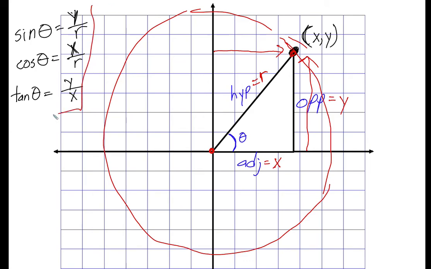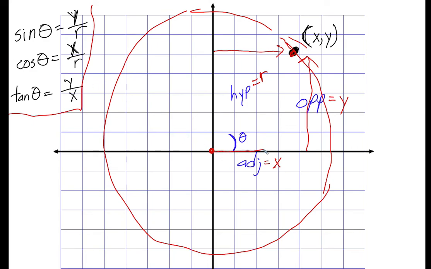These three new definitions of sine, cosine, and tangent let us use this in triangles that don't have a 90-degree angle anymore. Because what we can do is we can say, if I wanted to, instead of thinking about this triangle here, think about a triangle that goes like this.